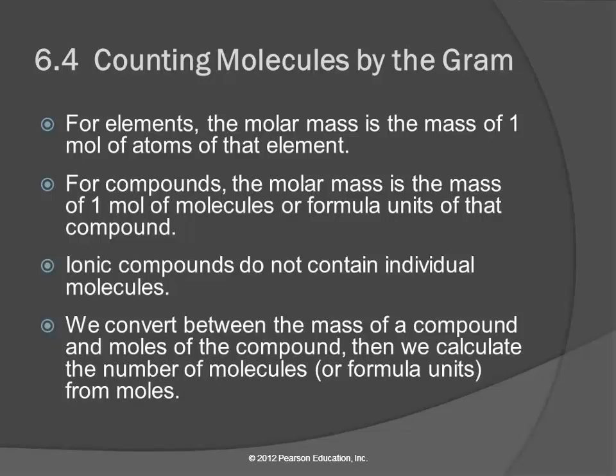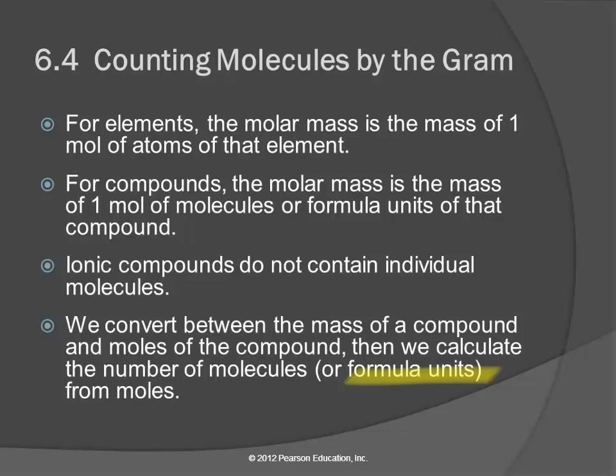So we're going to be using that formula mass concept. It's important to remember that ionic compounds do not have individual molecules, and so we refer to those as having formula units. So there is a difference between molecules and formula units, but in practice, the way you calculate them is exactly the same.